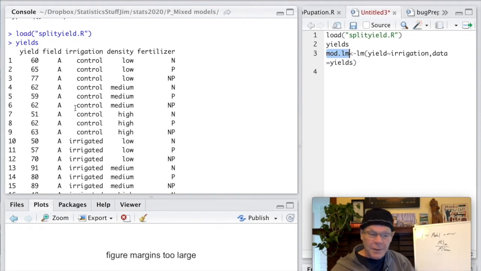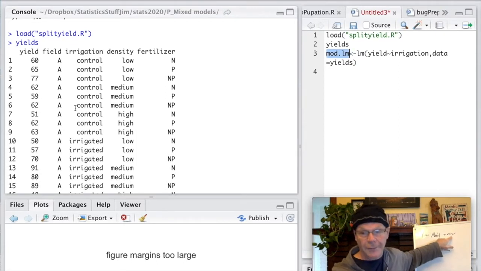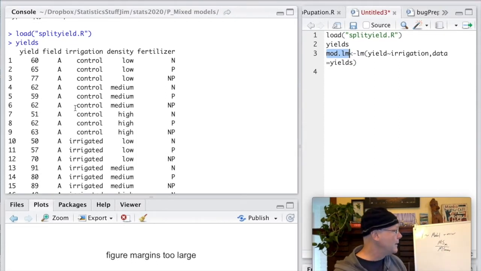So what we're going to do in a mixed model is appreciate the fact that we actually know a little something about this error term. It's no longer junk. It's the variation that we're unable to explain in our model, but it's not variation that we totally cannot explain.